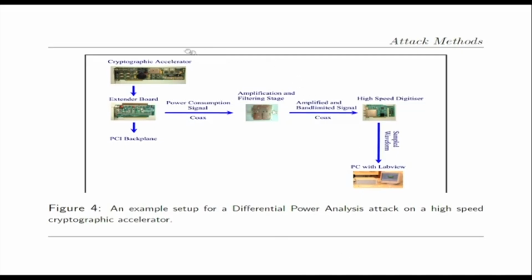Here, this is the hardware to run the cryptographic, say, encryption algorithm or decryption algorithm, and it may take power from the PCI back plane. So, we need to have an extender board, which is capturing the power signal, and it is ultimately sending it to this PC to analyze.